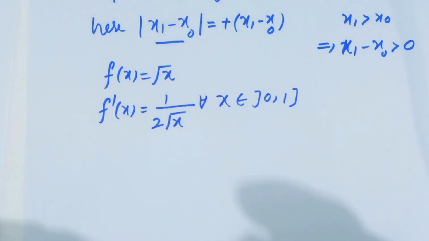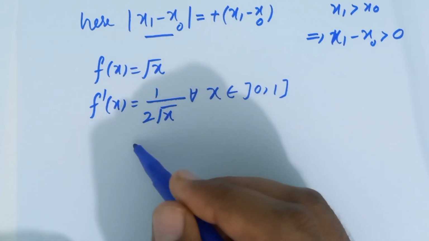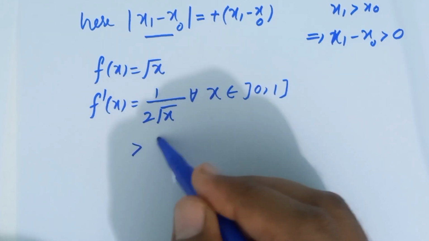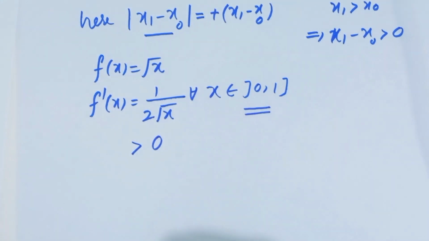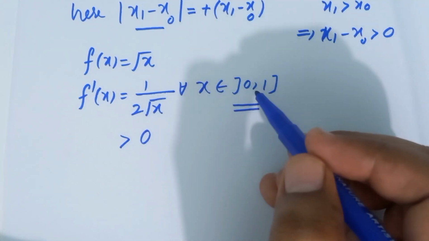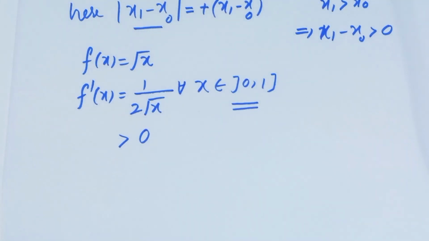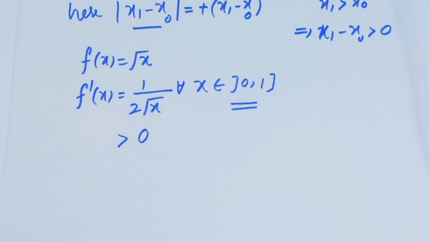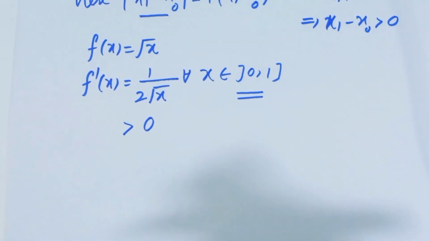So here the first derivative of the function is positive over this interval. That's why the function f of x is a monotonic increasing function over this interval. In the previous lecture, we discussed that if a function f is a monotonic function, then it is always a function of bounded variation.